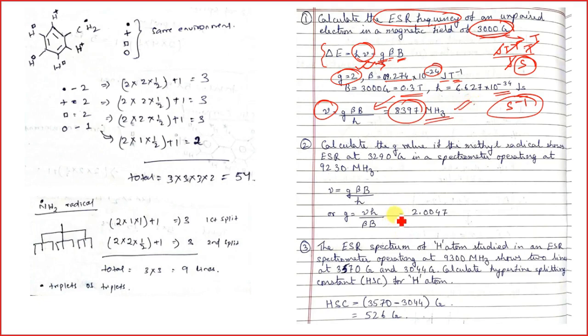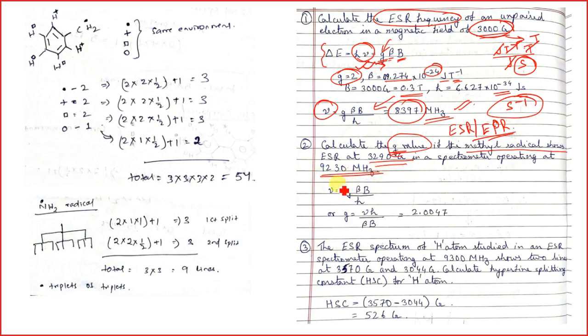Now the second question which you may get is: calculate the G value. Here we have assumed the G value, but it may be such that you have to calculate the G value, and it is one of the common experiments carried out in ESR or EPR laboratory experiments. Calculate the G value if the methyl radical shows ESR at 3290 Gauss in a spectrometer operating at 9230 megahertz.